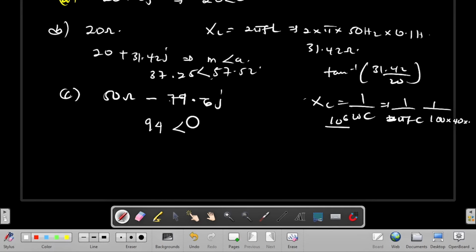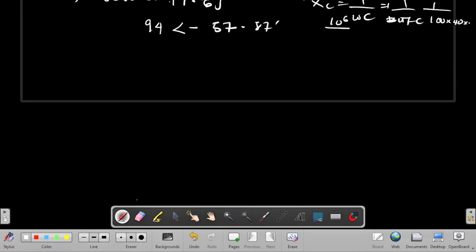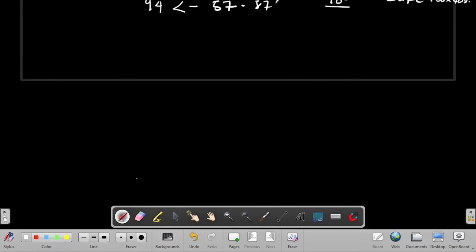So it is lagging. So this is how we represent the various impedances using complex numbers.